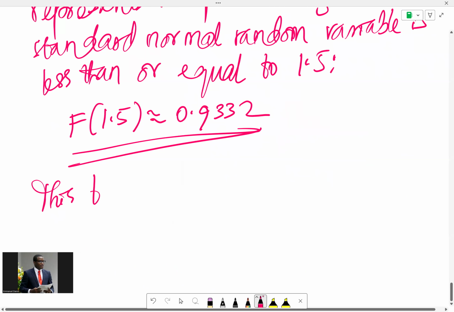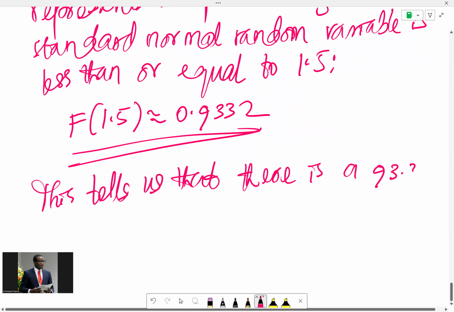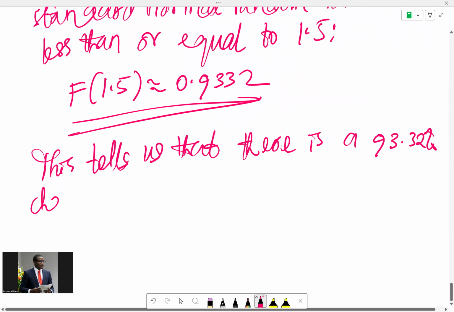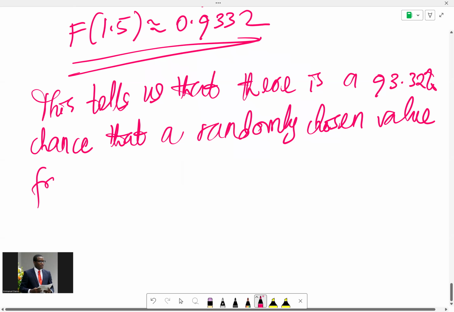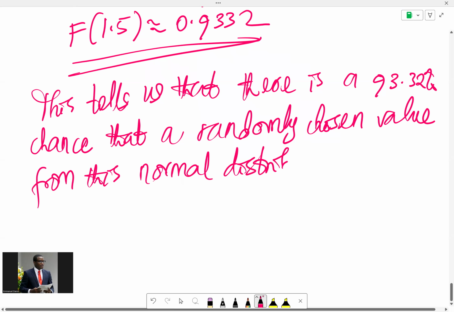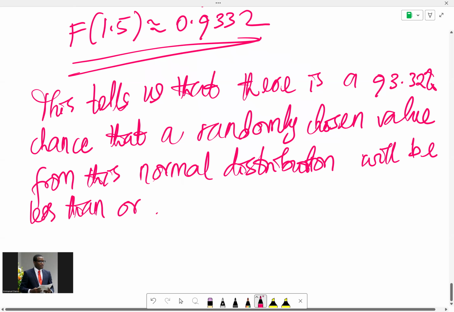So this tells us that there is a 93.32% chance that a randomly chosen value from this normal distribution will be less than or equal to 1.5.